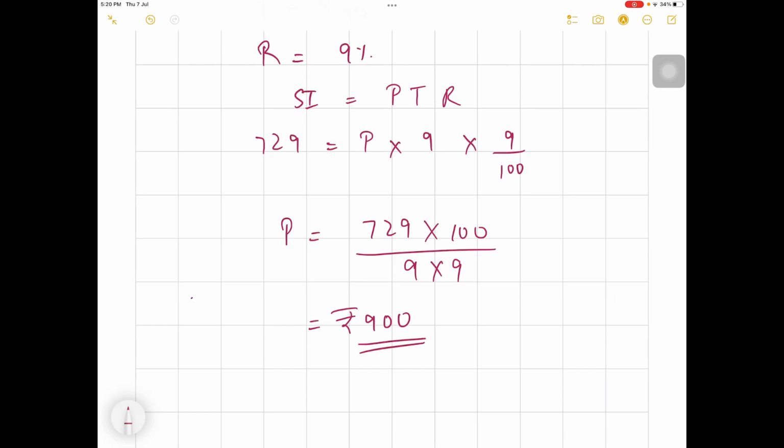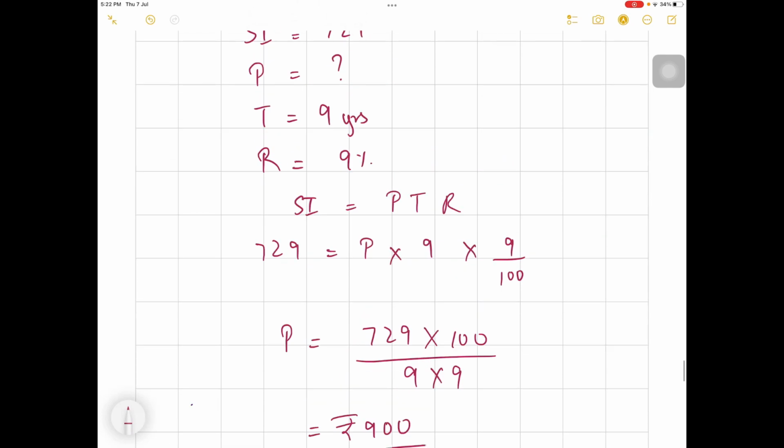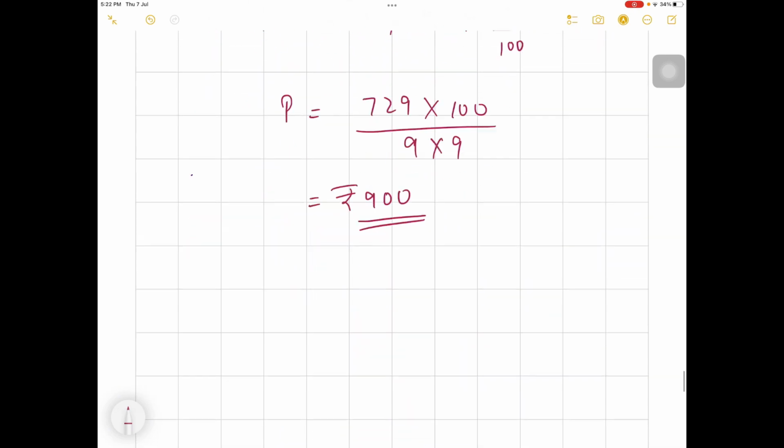Okay, 9 into 9 is 81. So you can do 729 into 100 divided by 81, which is rupees 900.